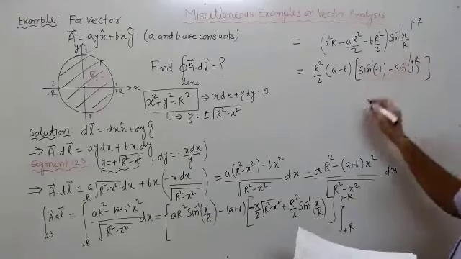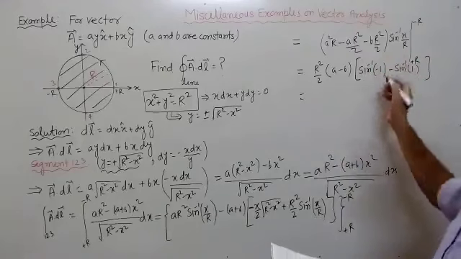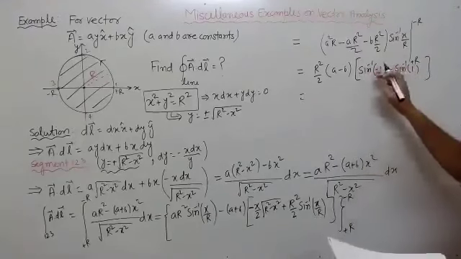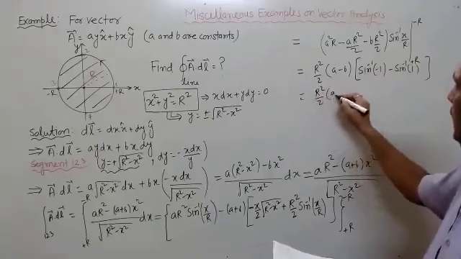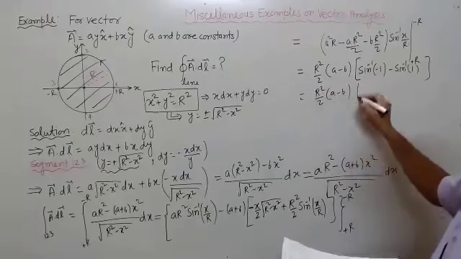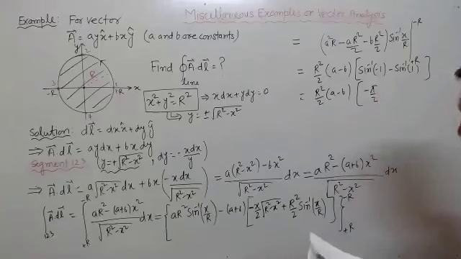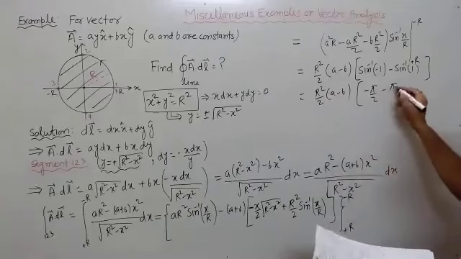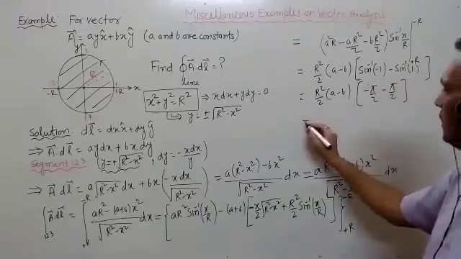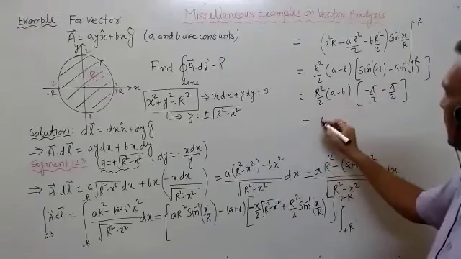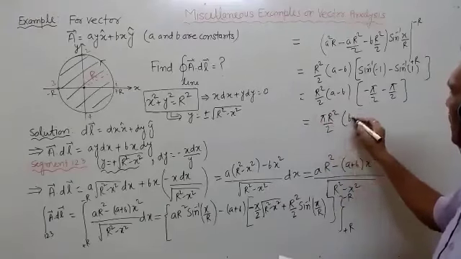This is minus pi by 2 and minus pi by 2, so it gives you minus pi. So you can write this as pi r square by 2 times b minus a.